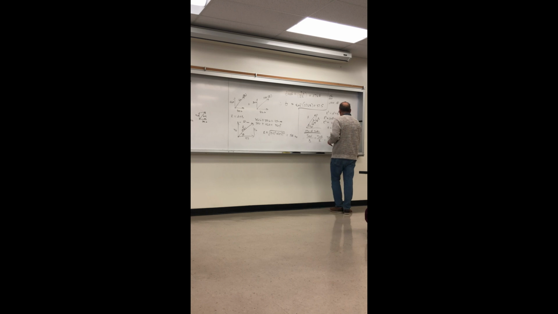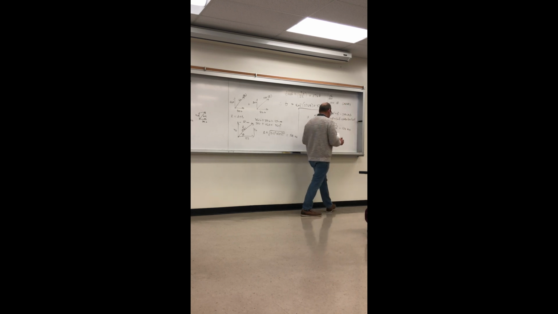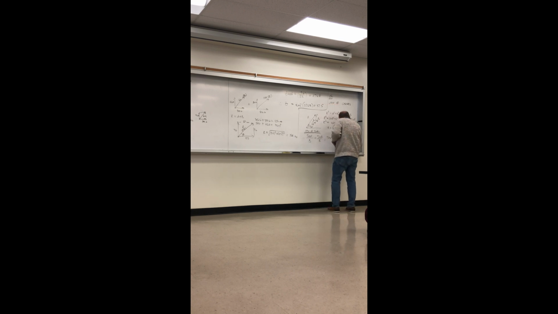B is 60, so I'm bringing B over here. I know beta, so the sine of 160 degrees divided by the resultant, which we know now is 158.